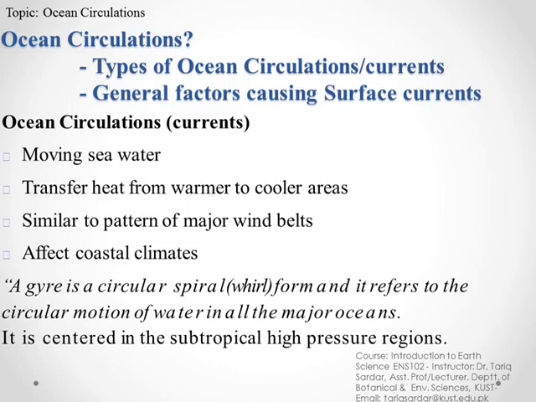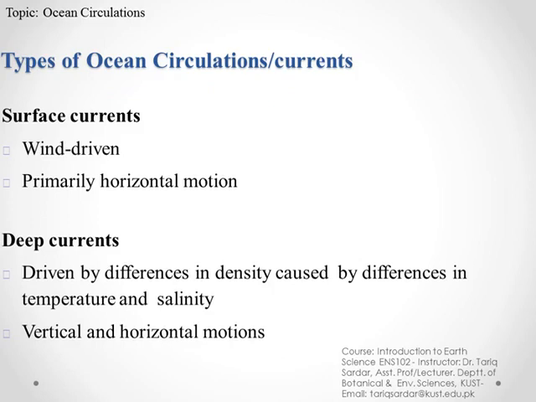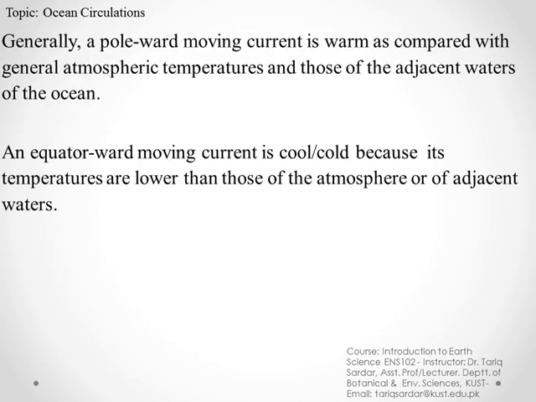So let's move towards the types of ocean circulation, differentiated into other kinds of currents as well. Here we have to know that currents moving poleward, towards the North Pole or South Pole, are warm compared with the general atmospheric temperature and the adjacent water of the ocean. Why are they warm?